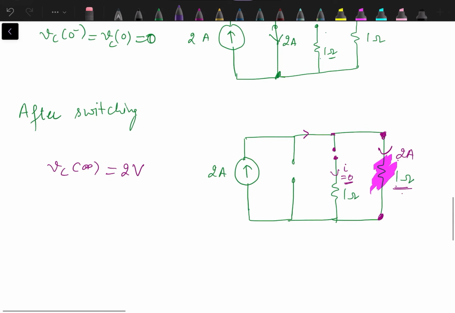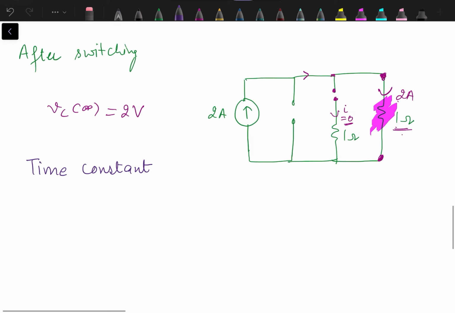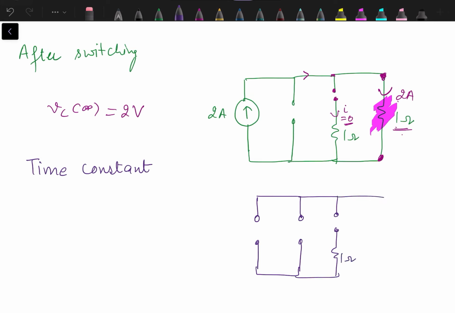And the next step is we have to calculate the time constant. For time constant, the current source has to be replaced by an open circuit. The switch is already open. These are the capacitor terminals. Here we have 1 ohm resistance, another 1 ohm resistance over here, and we need to find R equivalent.